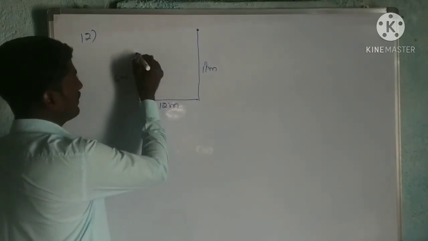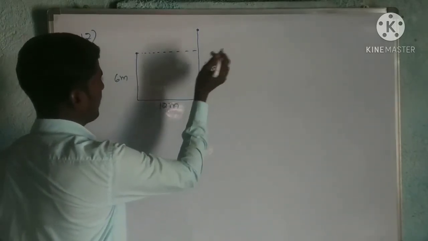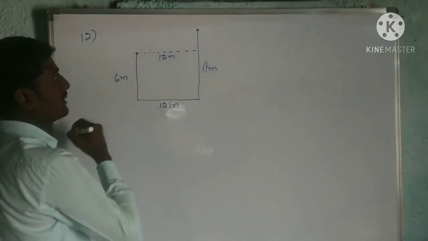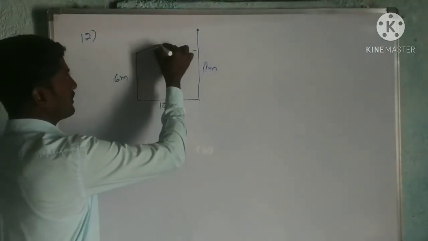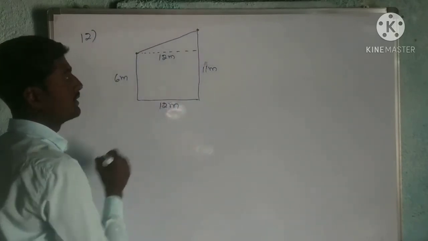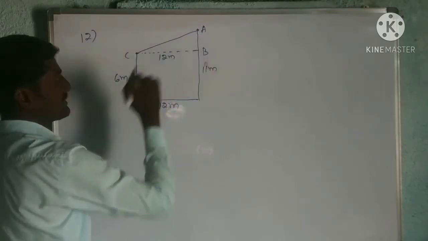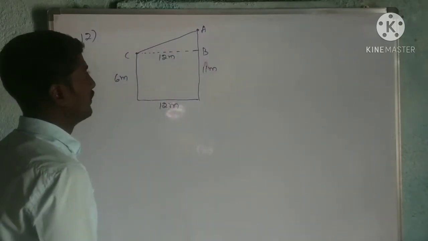Now draw a line which is parallel to this one. This will also be 12 meter. Now we can join these two tops. So hence we got one right angle triangle ABC.